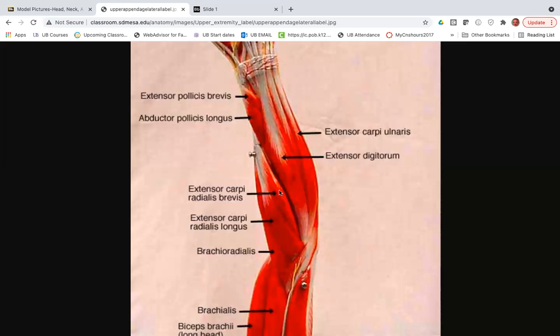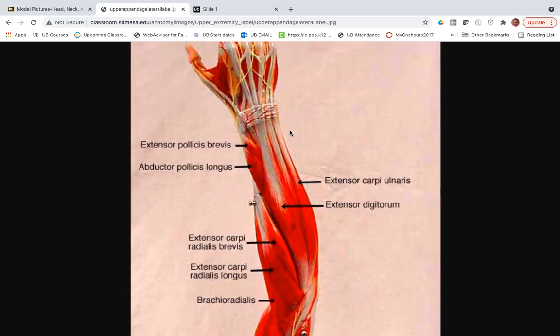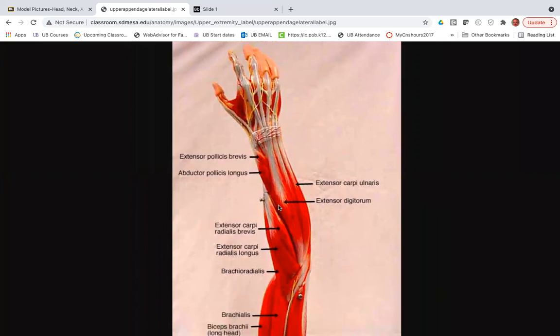If there's a flexor carpi ulnaris, there has to be an extensor carpi ulnaris. If there was a flexor carpi radialis, there has to be an extensor carpi radialis. Remember, the flexors are on the anterior forearm, which means the extensors have to be on the posterior forearm.